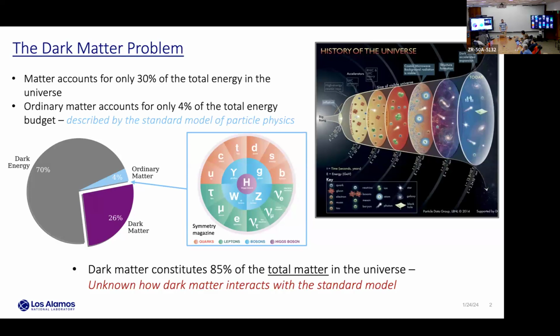So of that 30% of the energy budget that describes matter, 85% of it we don't know anything about, and it's called dark matter. This is responsible for the large-scale structure we see in the universe, the galaxy dynamics that we can observe. All of this can be explained by the gravitational signatures of dark matter, but we don't understand how it interacts with the standard model of particle physics.